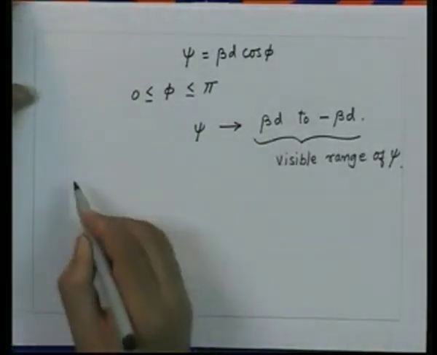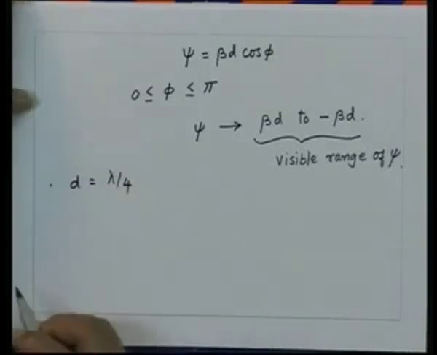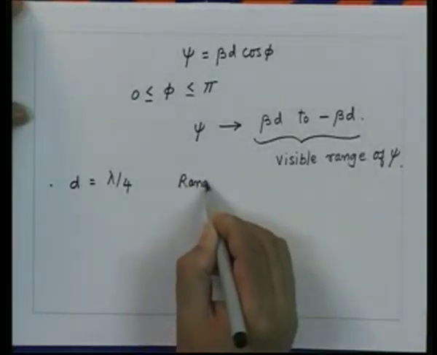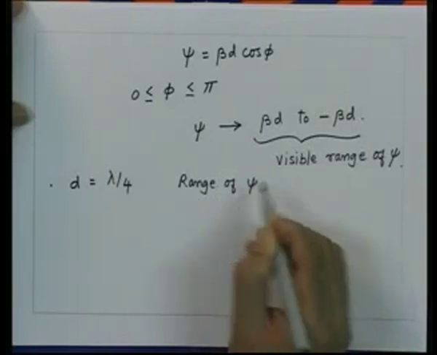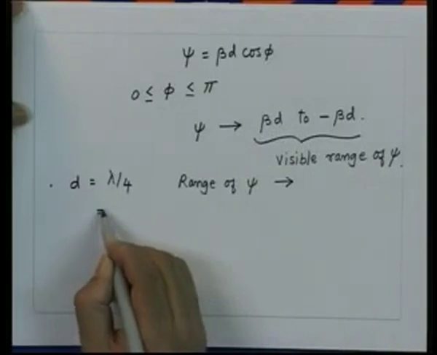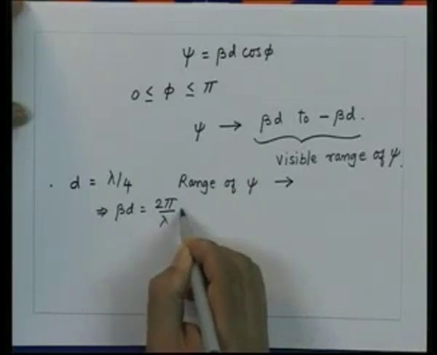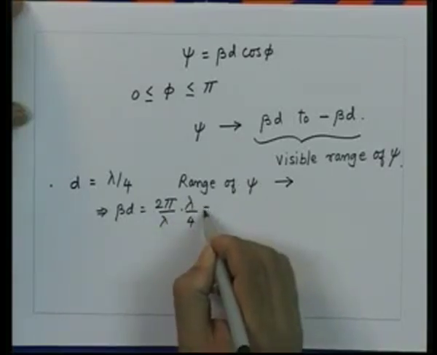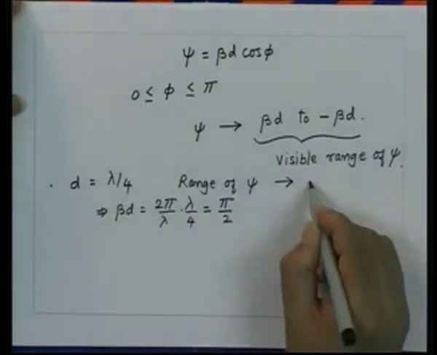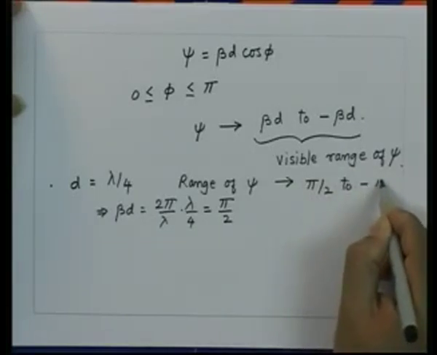So let us see, if we take d as lambda by 4 in case 1, then the range of psi would correspond to beta d, which is equal to 2 pi by lambda into lambda by 4, so that will be equal to pi by 2. So the range of psi would correspond to pi by 2 to minus pi by 2.